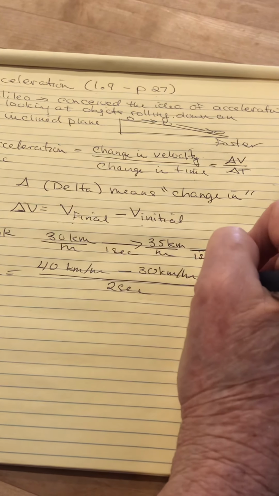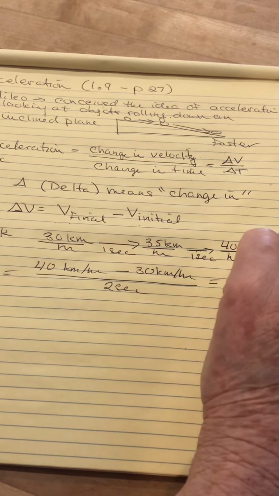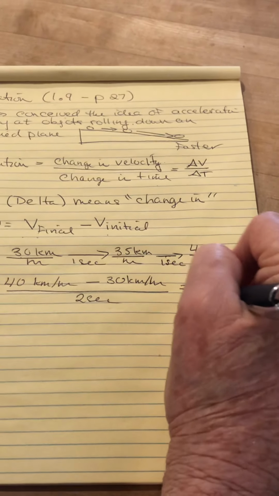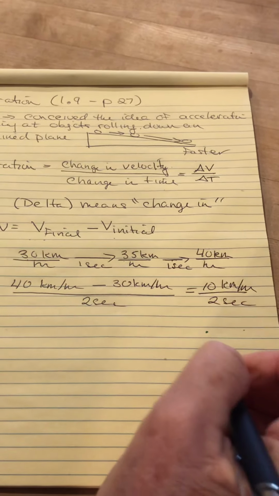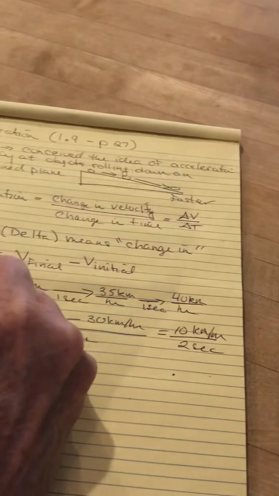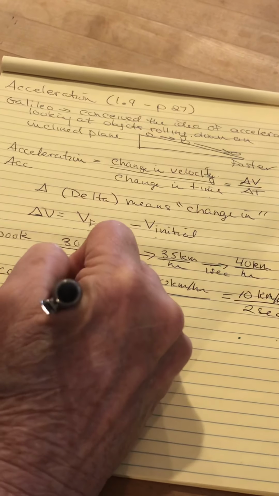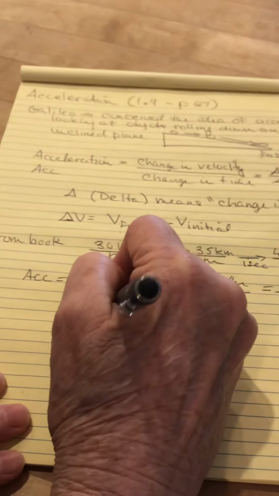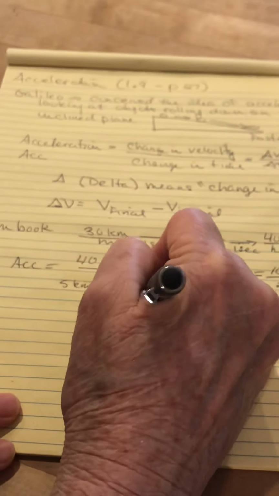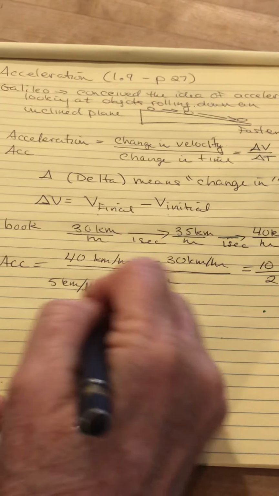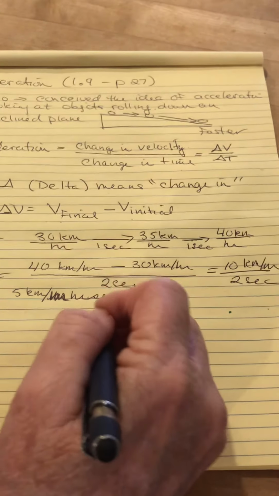So 40 minus 30 is 10 kilometers per hour in 2 seconds. Now we have to divide the 10 by the 2, and we have a final acceleration of 5 kilometers per hour per second. So it turns out there is always a time squared here on the bottom.